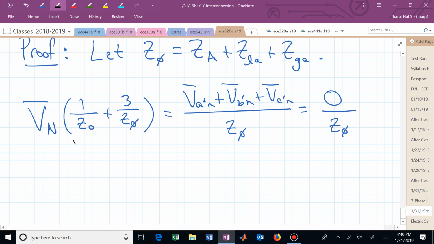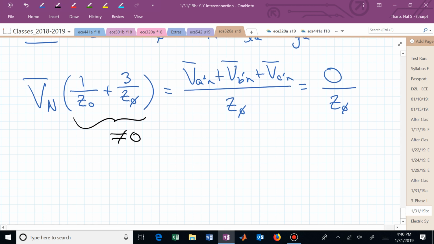And we know that this is not equal to 0. We can divide it out, and then we have V sub capital N equal to 0. And that's what we were trying to show or prove. So there's the end of our proof. Drawing a square.